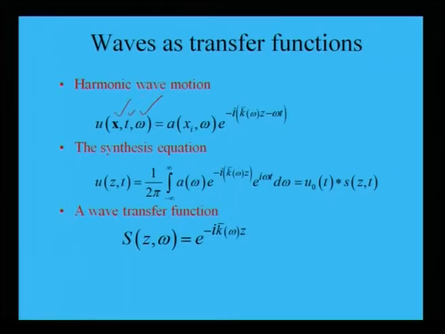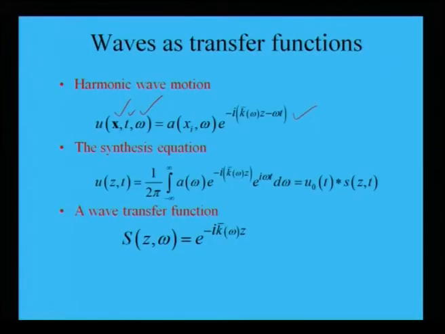So with respect to time, how does it propagate? Harmonic wave, if I take the wave as a transfer function, x, t, w is equal to A(x, w) e to the power, in terms of e to the power harmonic wave motion can be defined.